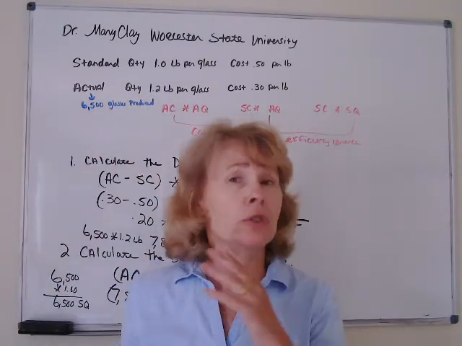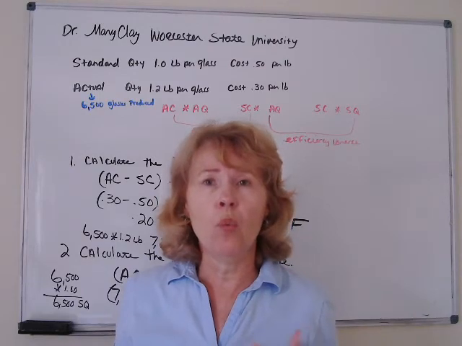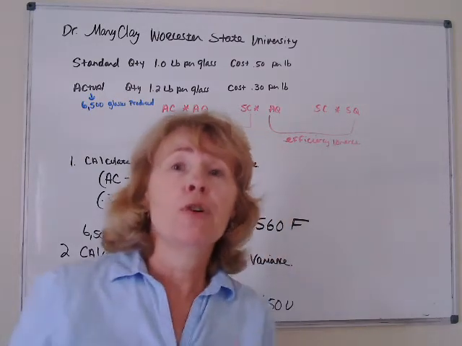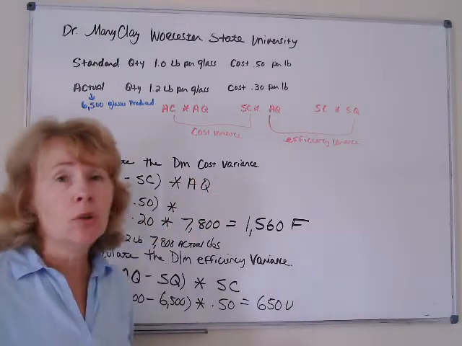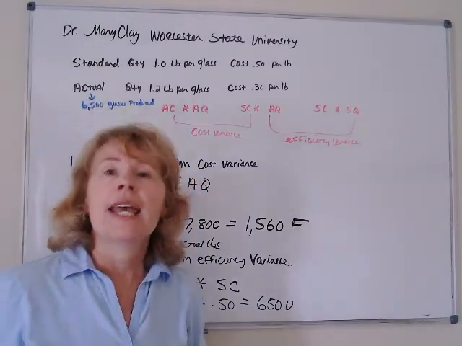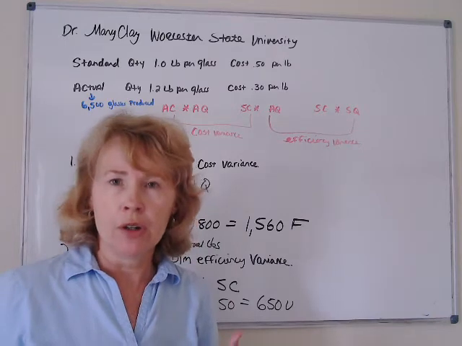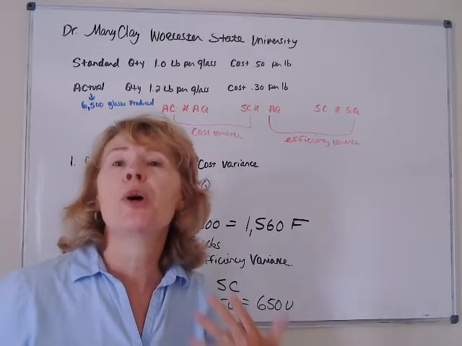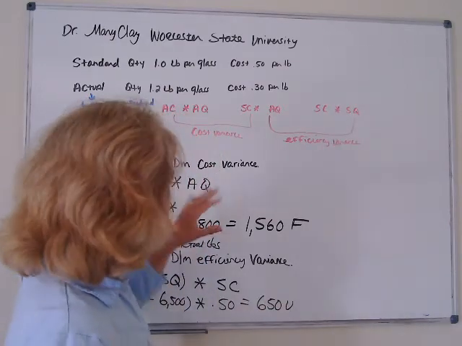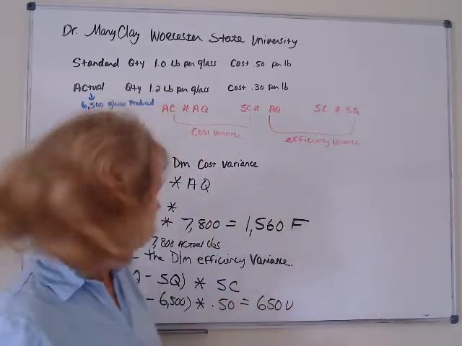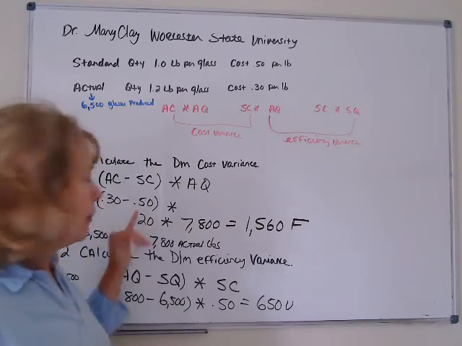Let me talk to you just a few minutes about who's responsible for which area. The direct materials cost variance will be the purchasing manager, the person that's in charge of purchasing the materials. So they are responsible for this area. Well, what could happen? Well, we saw that. Maybe they got a deal.